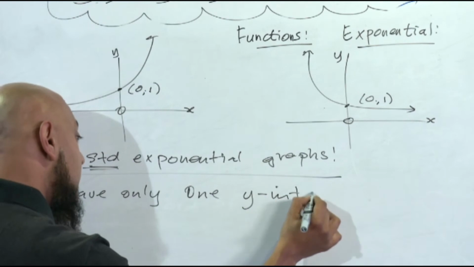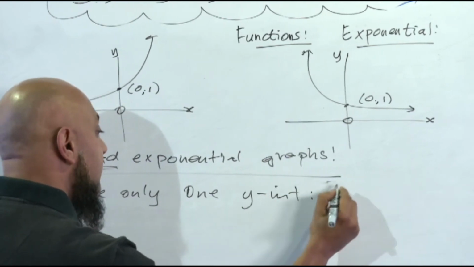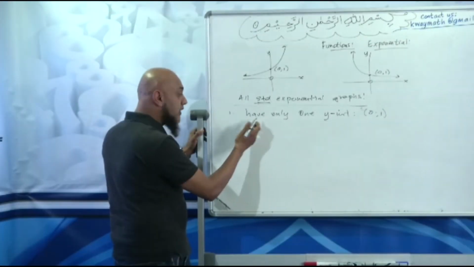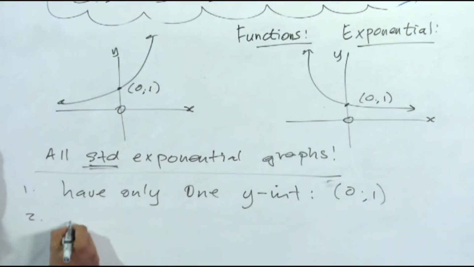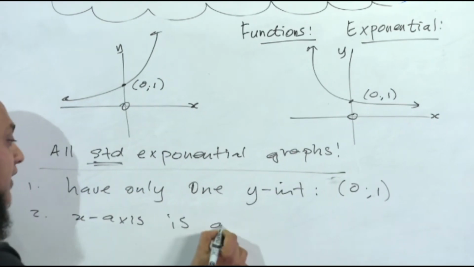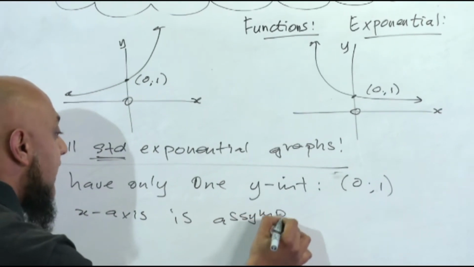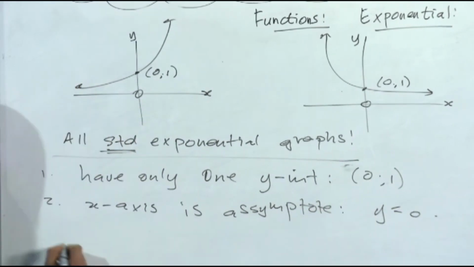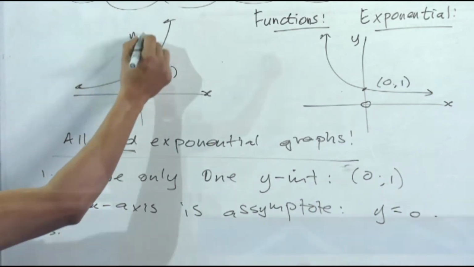Y-intercept. And what is it? 0 and 1. Always. So that's your theory that you need to learn. Number 2, your x-axis is your asymptote. And what is the equation of your x-axis? y equals 0.